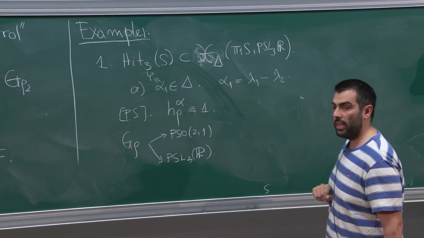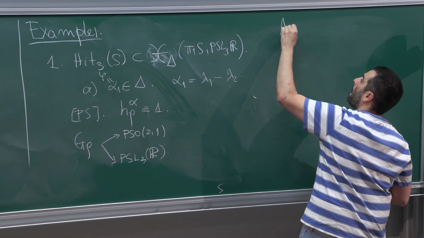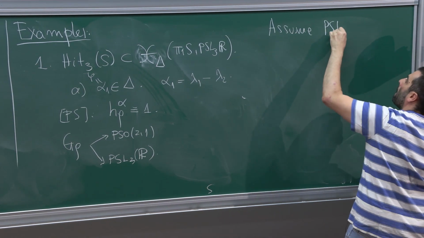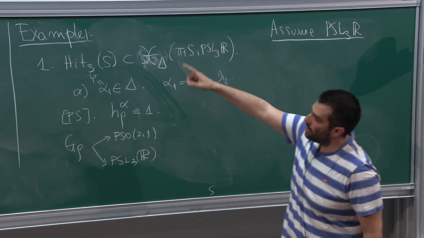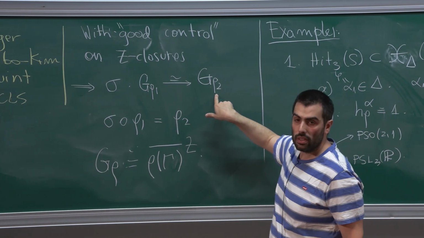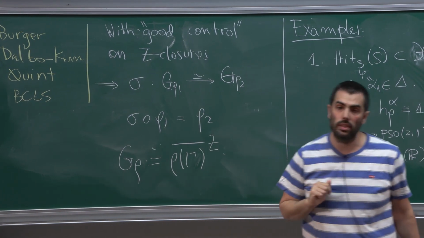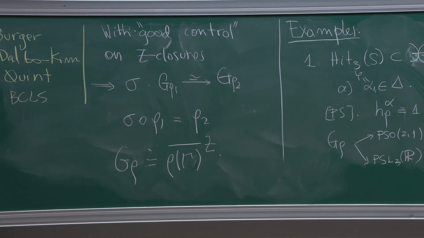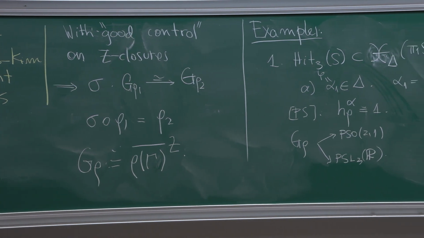Okay, so let's assume it's PSL3R. We have this general result by these people that says the two representations are Zariski dense, and there is an automorphism between them, and there is a list of possible automorphisms, right? I want to conclude that this automorphism is inner, the representations are conjugate, but there is an exception.